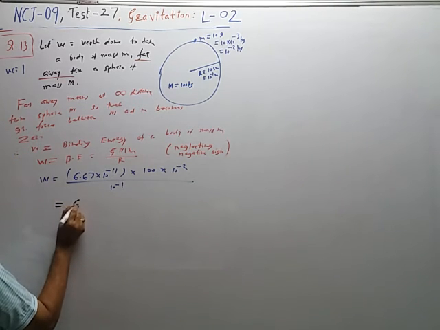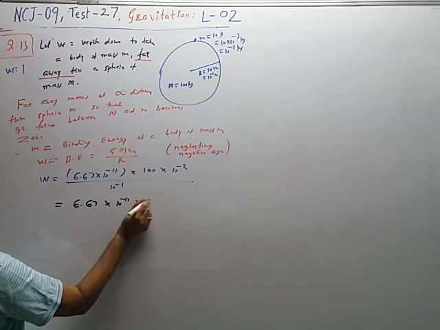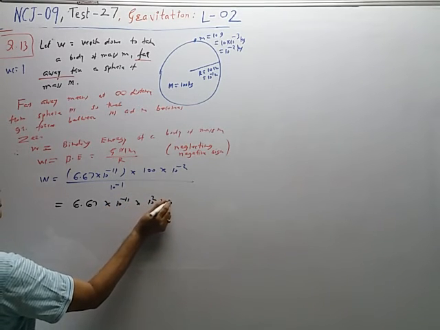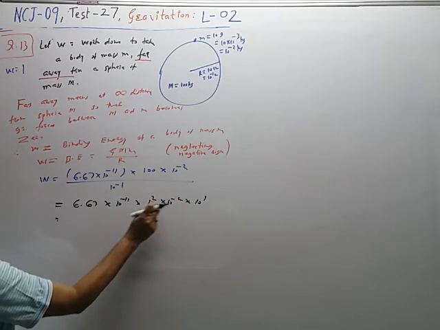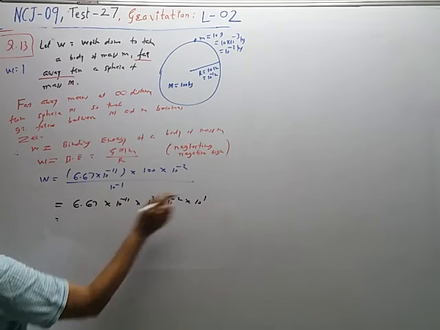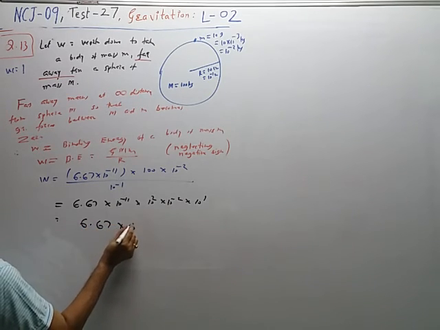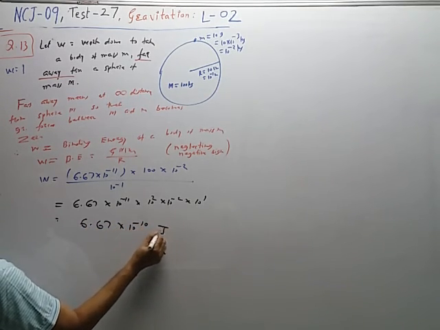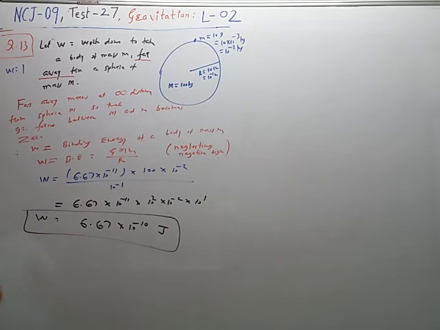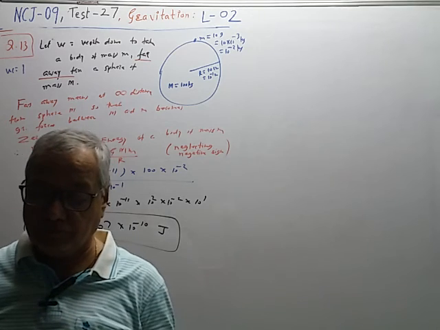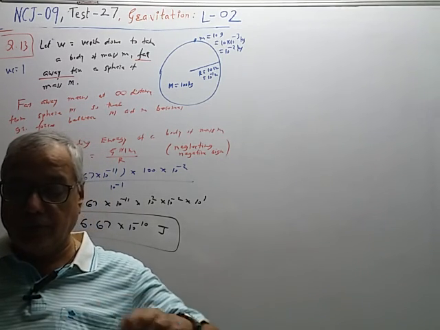So this is equal to 6.67 into 10 raised to minus 11 into 10 raised to 2 into 10 raised to minus 2 into 10 raised to plus 1. So plus 2 minus 2 will get cancelled. So the value is 6.67 into 10 raised to minus 10 joule. This much work must be done.